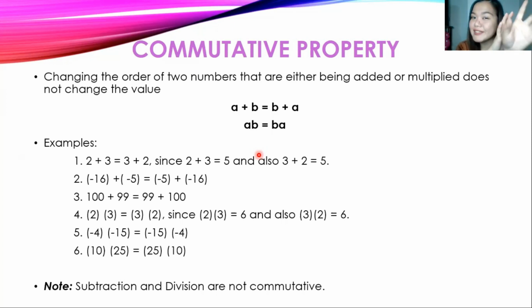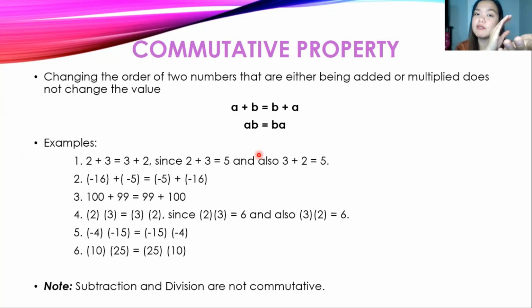It's negative 2. 5 minus 3 is 2, and 3 minus 5 is negative 2. They are not the same. Therefore, it does not commute, or it is not commutative.